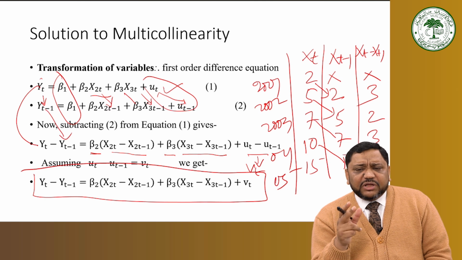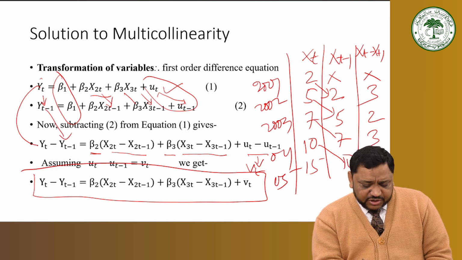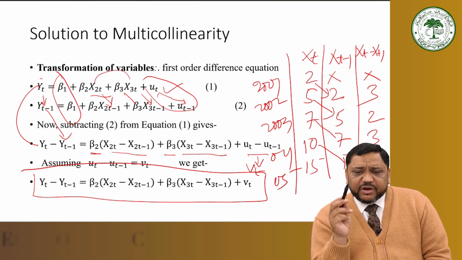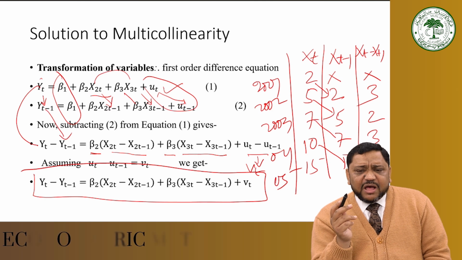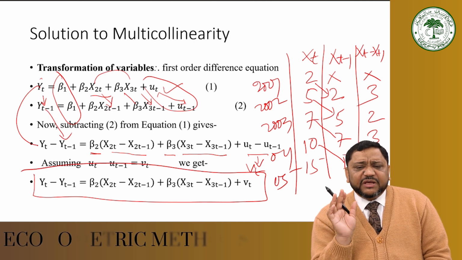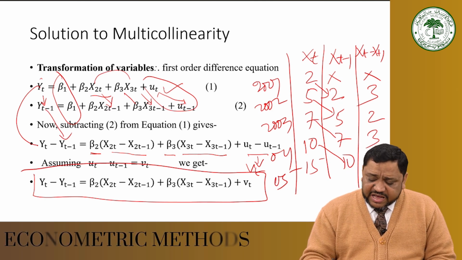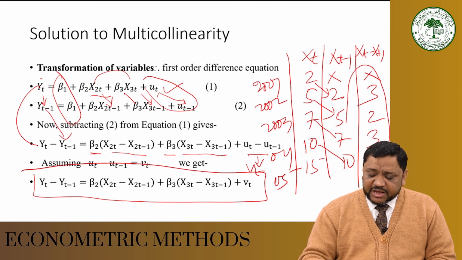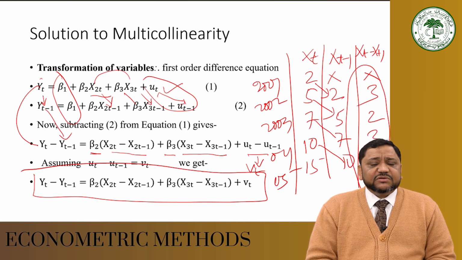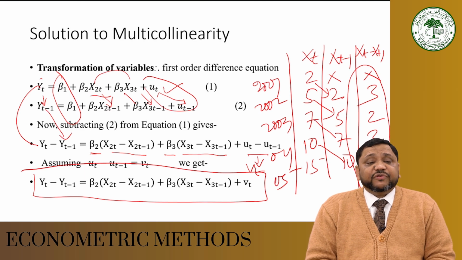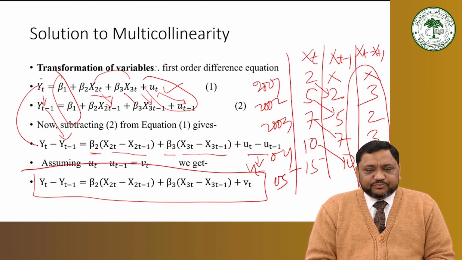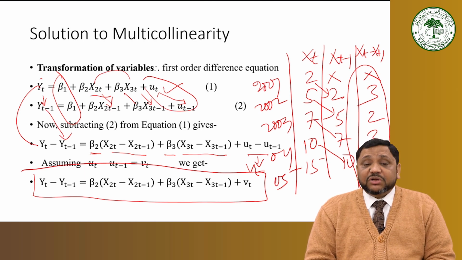Although the levels of x2 and x3 may be highly correlated, there is reason to believe that their differences will not be as highly correlated. But again, this method has its own limitations.